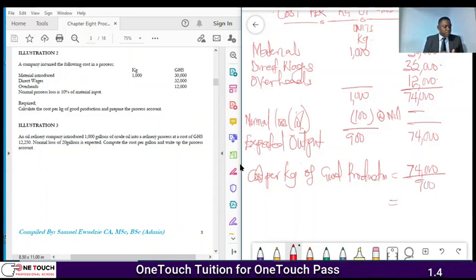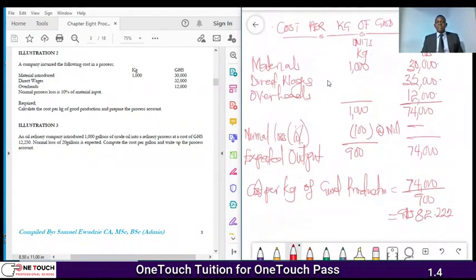So that gives us 74,000 divided by 900, which is 82.222 recurring. Great. So this is how we go about determining the cost per kg of good production.